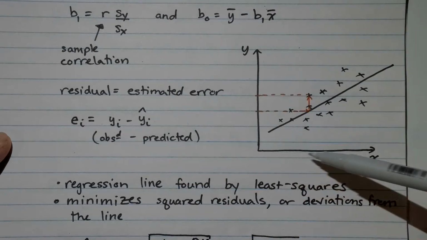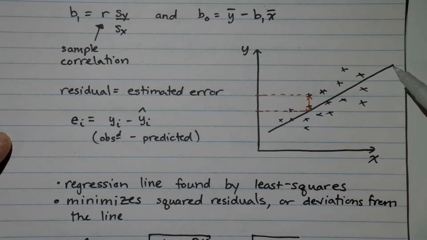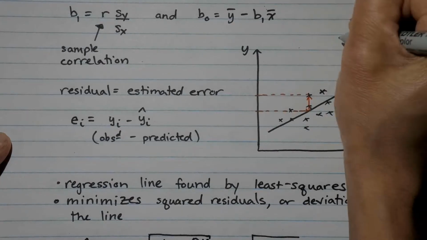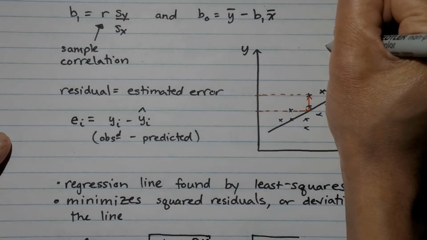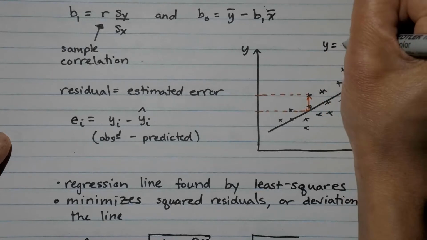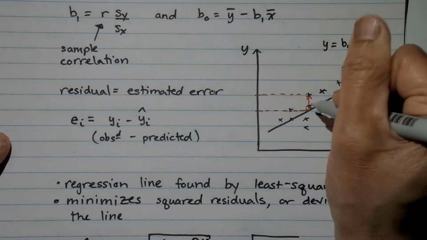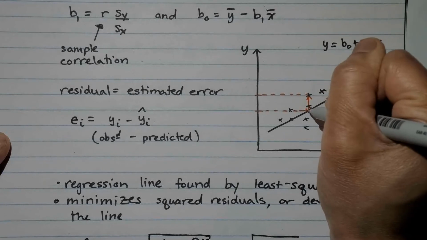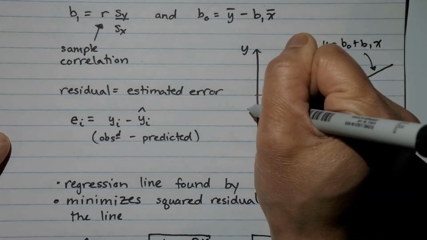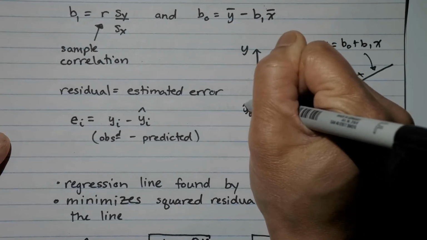And here's a little plot of some sample data, maybe what the regression line might be. So this one is the line y equals b naught plus b1 x. And this point on the line might correspond to a fitted value.